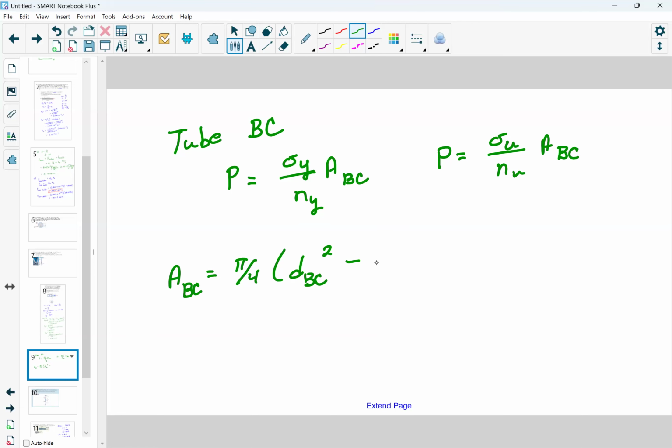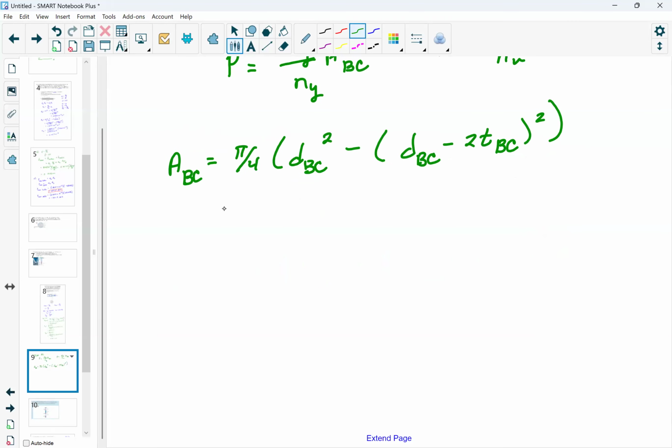So that's my outside minus my inside: D of BC minus 2T of BC squared. Okay, so that's going to be pi over 4.